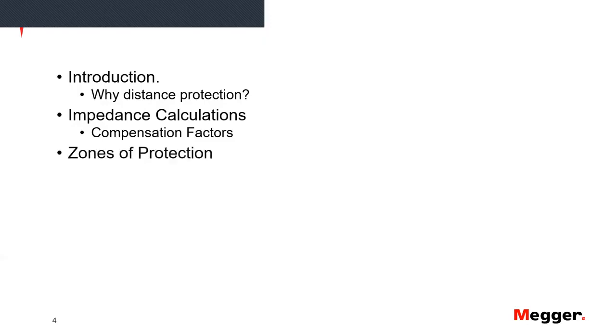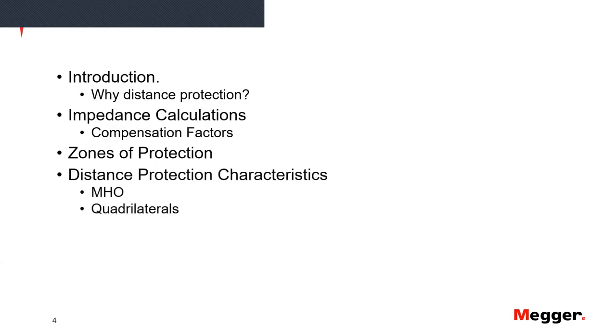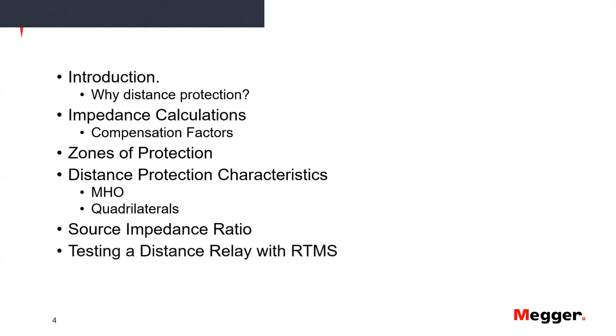We're going to talk about the zones of protection used in distance protection, and discuss distance protection characteristics, modes and quadrilaterals. Then we are going to talk about source impedance ratio, and we are going to finalize by testing a distance relay with RTMS.